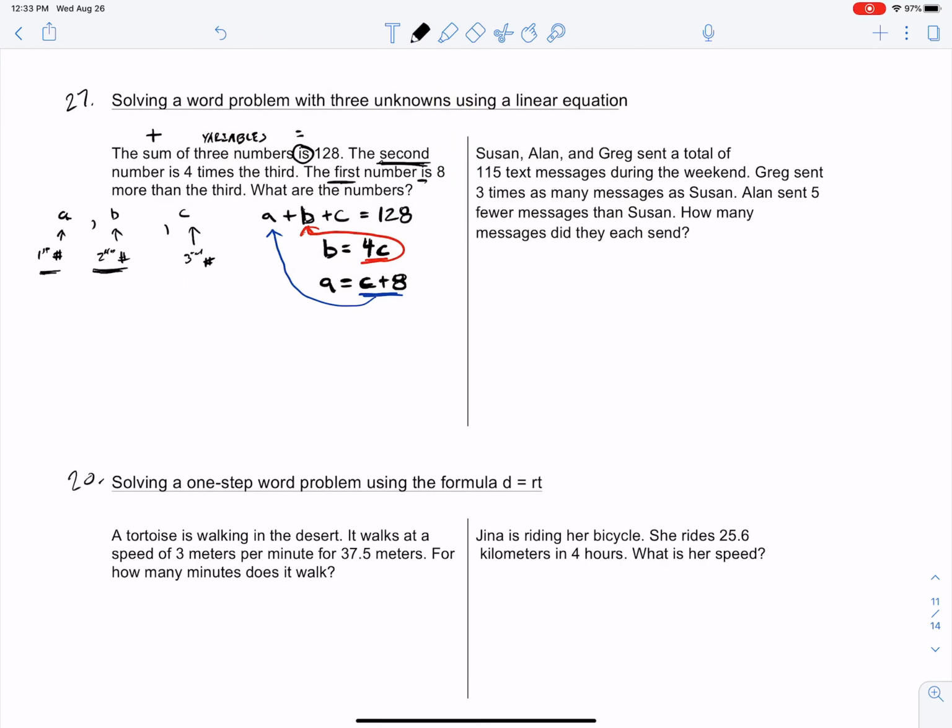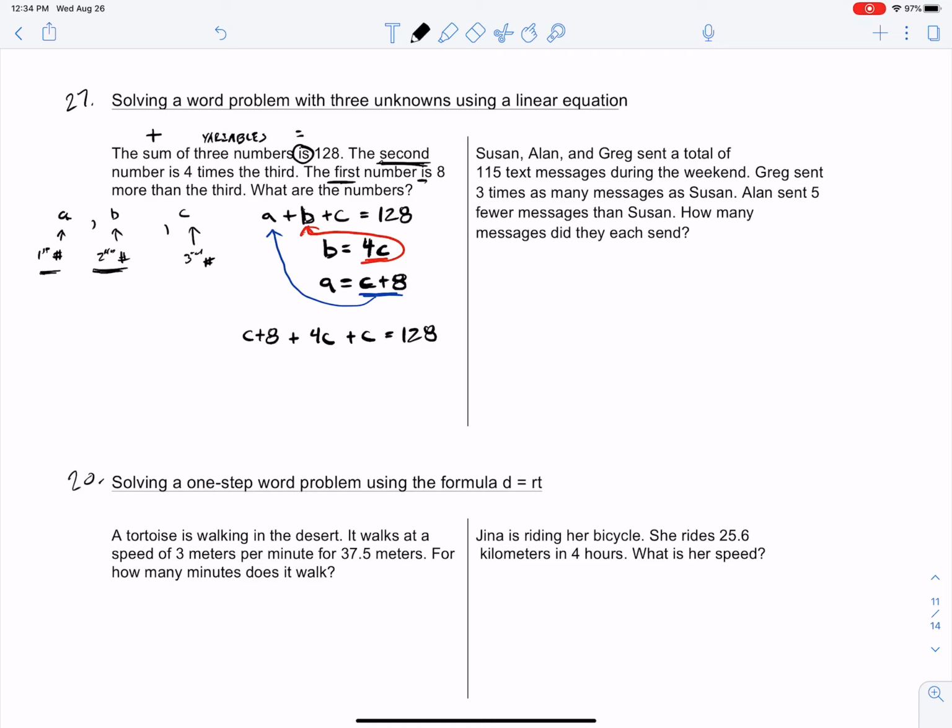I have C plus 8, that represented my A, plus 4C, that represented my variable B, plus C, which was the tail end of that, right? My third number, equals 128. Now this should look very similar and something that we're able to do.